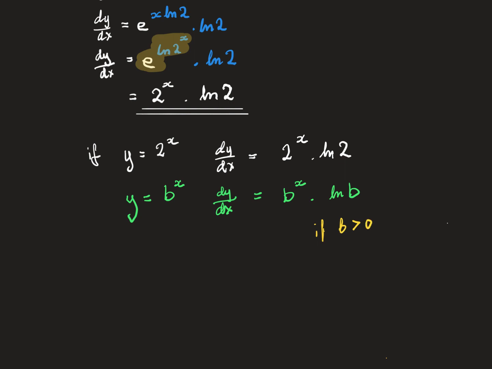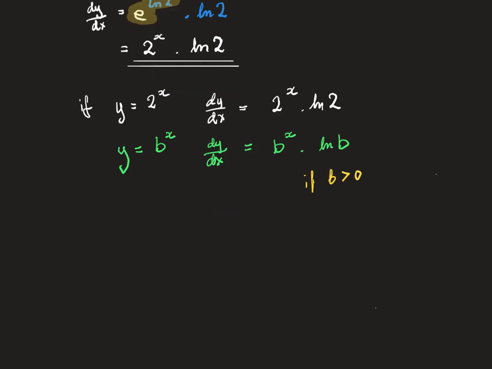It cannot be 0 and it cannot be negative. So any number now can be substituted here. Say we'll have 8 to the x, and we can say that dy over dx is equal to 8 to the x multiplied by ln 8.